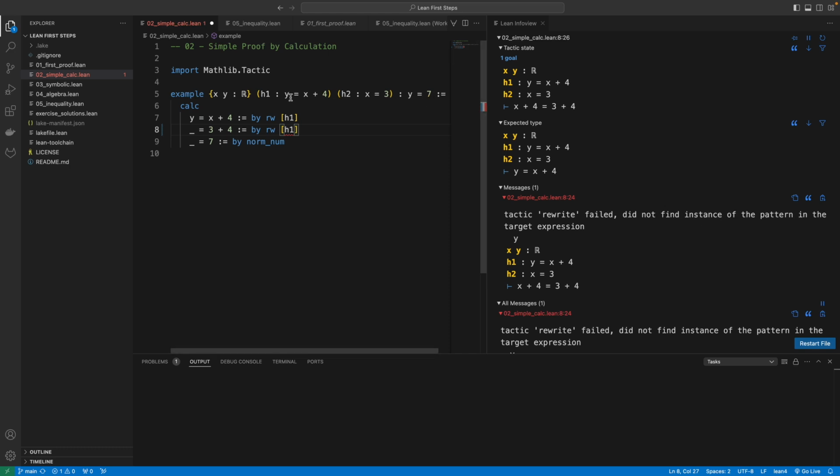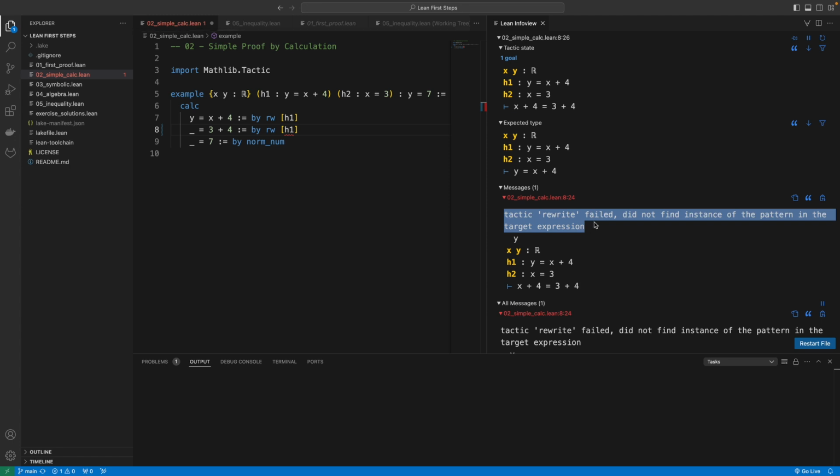So the pattern is y is x plus 4. It can't turn that into 3 plus 4 using hypothesis 1. It's telling us that that rewrite tactic failed. So that's a useful error for a change. That's great. So that's telling us there's an error, a problem.